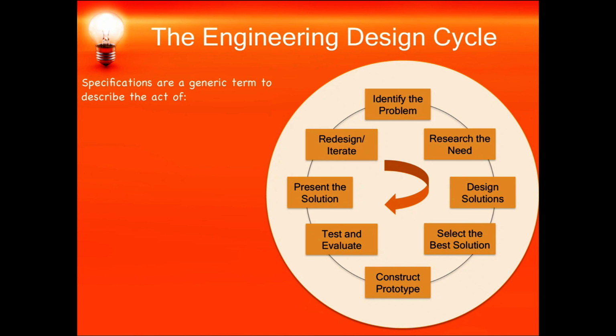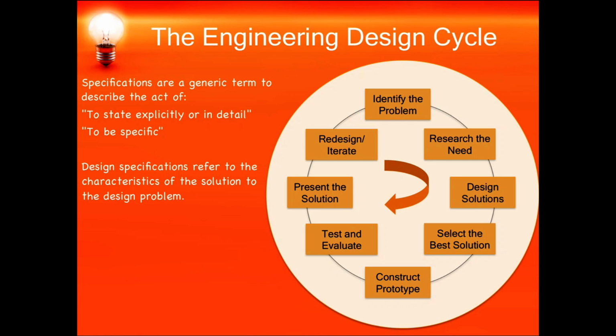Specification is a generic term used to describe the act of stating explicitly or in detail. In other words, a specification provides an explicit, concise, and clear description of a particular task or outcome. In the case of a design specification, this refers to the characteristics of a successful solution to the design problem.